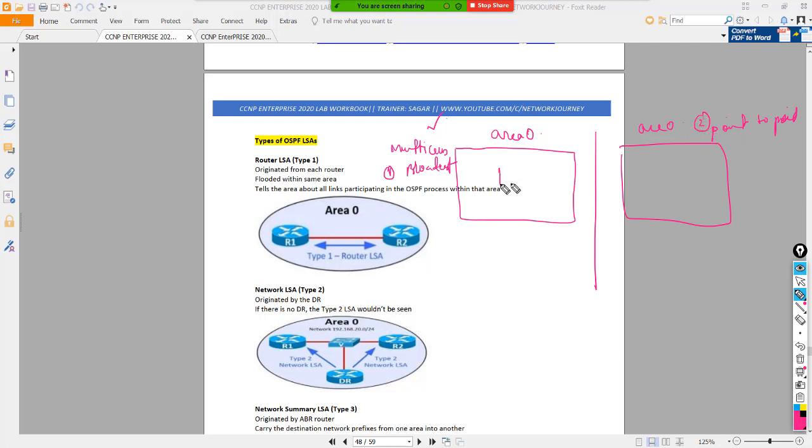In the case of multi-access, let's say I have a switch that connects to multiple routers, whereas in point-to-point it's strictly between two routers. Behind the routers you can have multiple networks. So OSPF is between the two routers in the case of point-to-point.